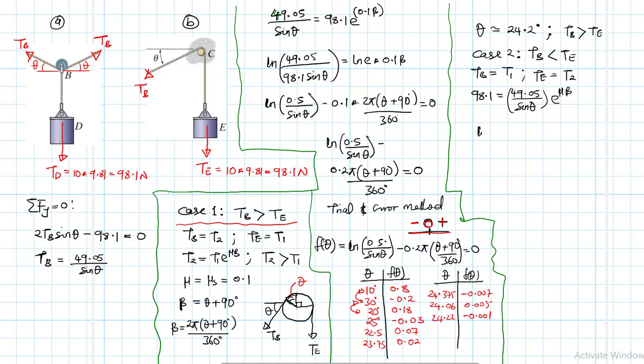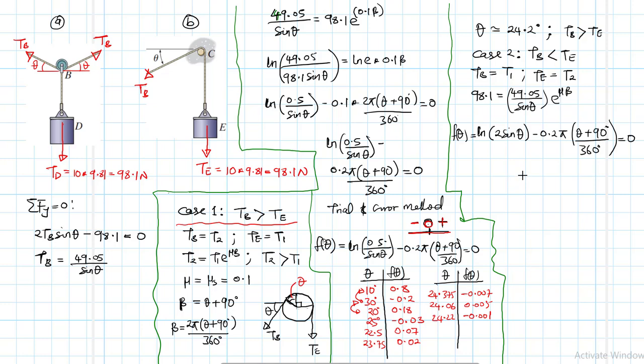This is going to give us, we ln both sides, ln sine theta minus 0.2 pi times theta plus 90 degrees divided by 360 equal to 0. So this is a function of theta, like that.